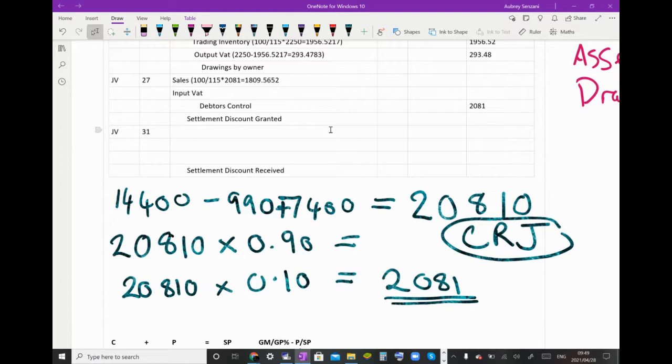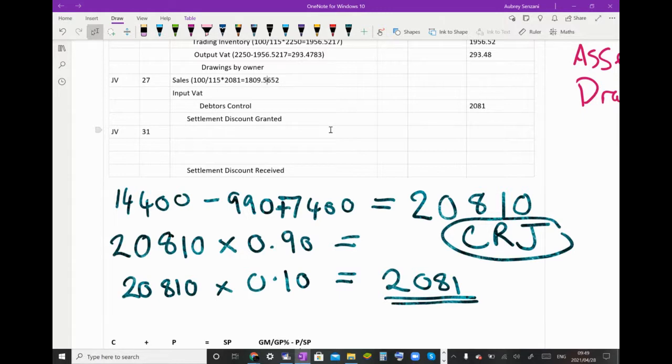Here, remember he hasn't yet paid us this amount. All right. So actually let's calculate. So 90% of 20,810 is what?